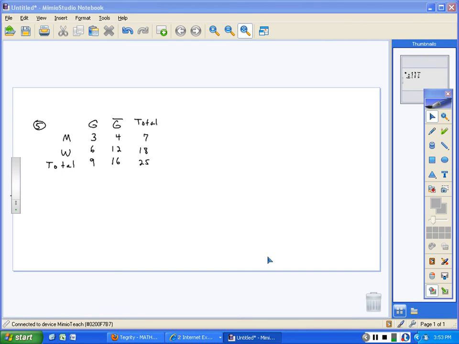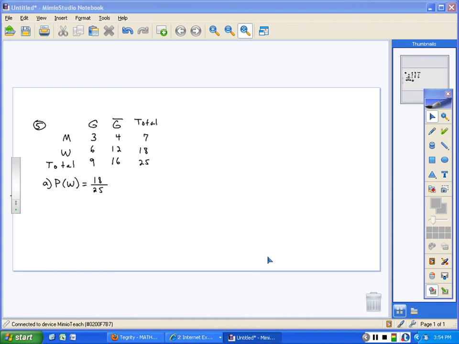The first one says, if the chairperson is randomly selected, find the probability of getting a woman. So that's part A. The denominator is 25, which we call the grand total, and out of those 25, how many are women? That is 18.